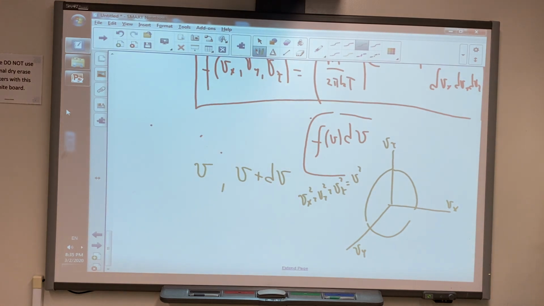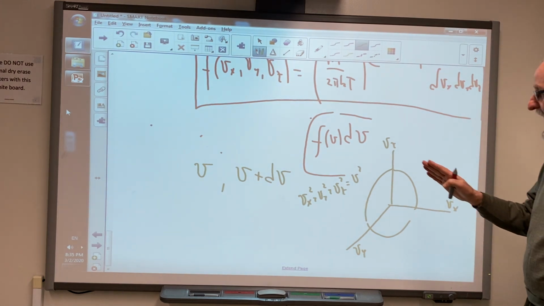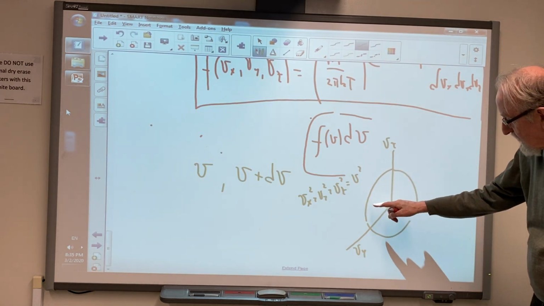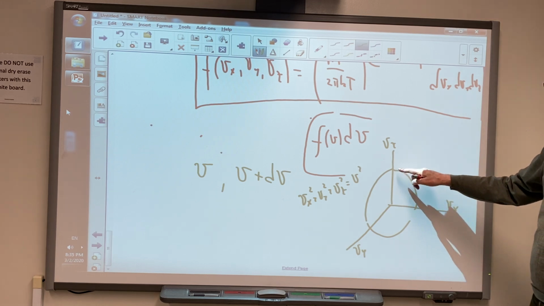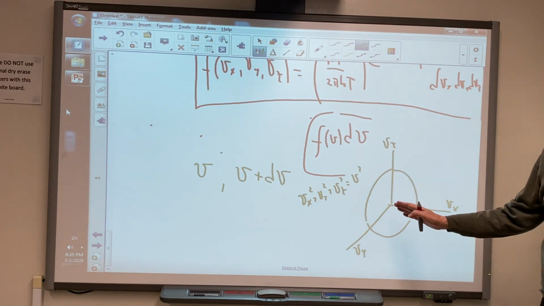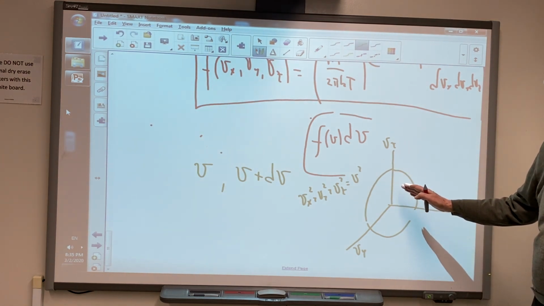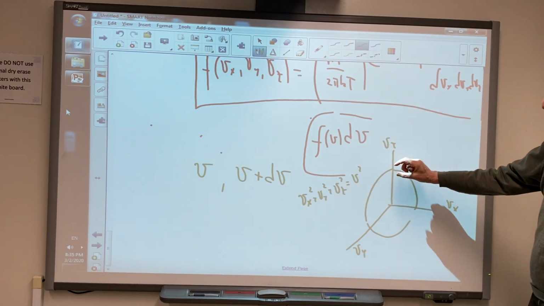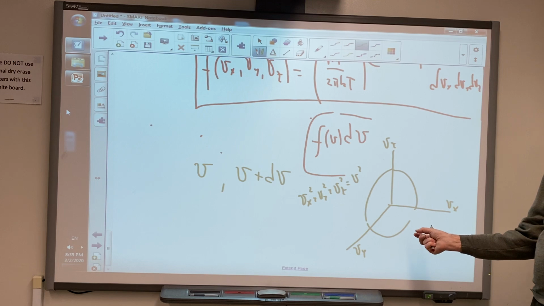If I want to know how many are between v and v plus dv, what I need is all the molecules that fall between the sphere of radius v and the sphere of radius v plus dv, which is a spherical shell.